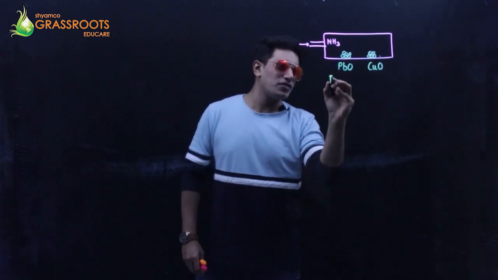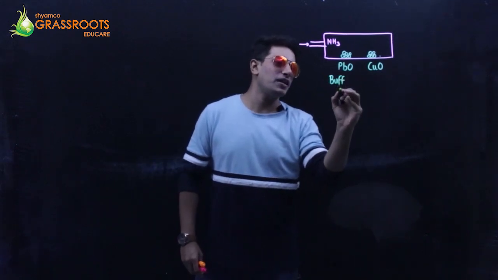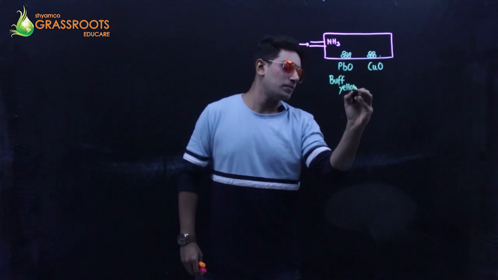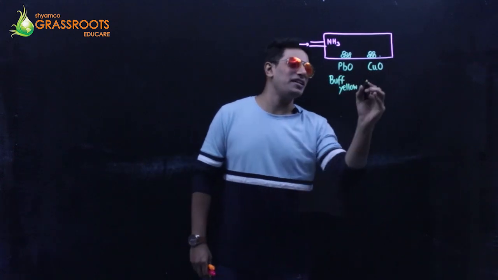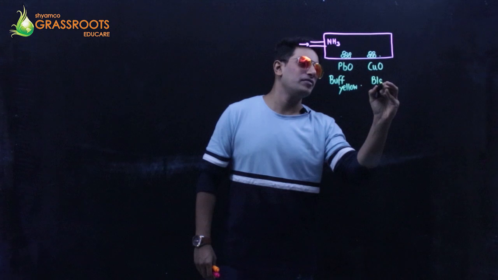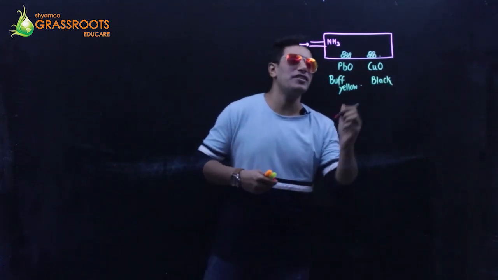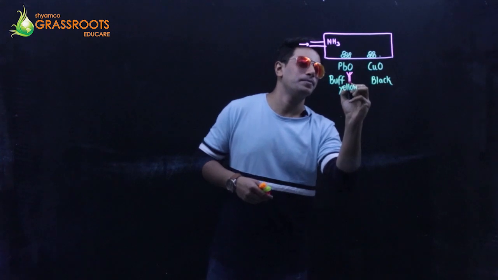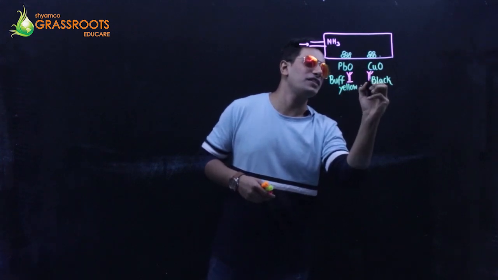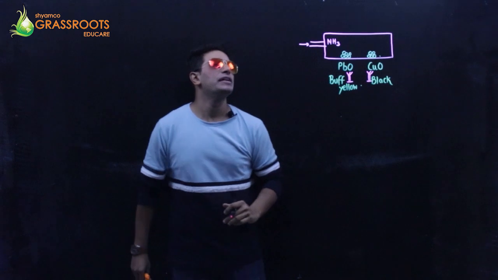The color of lead oxide is buff yellow, and the color of copper oxide is black. These are the original colors. And we are gently heating both of these compounds separately.